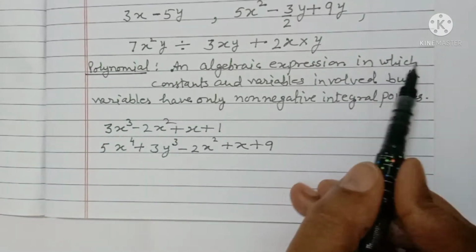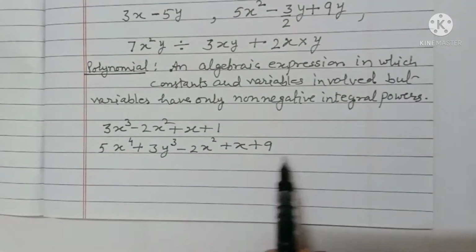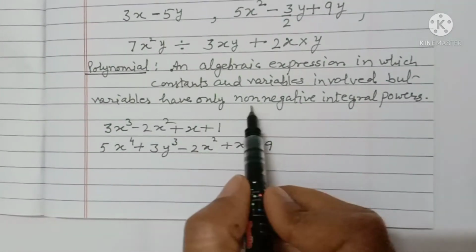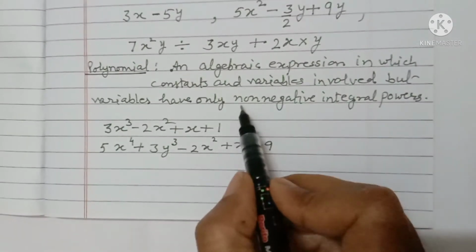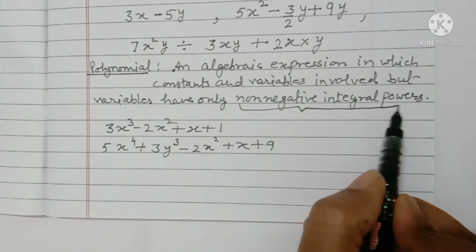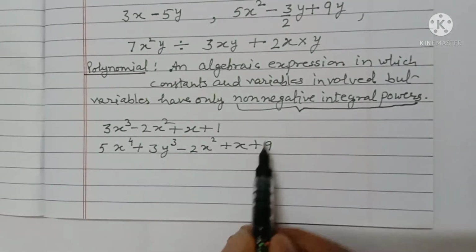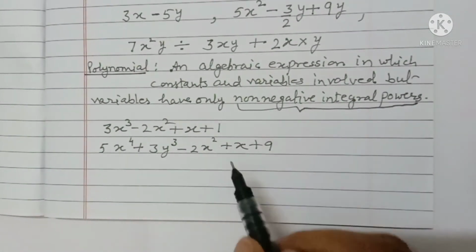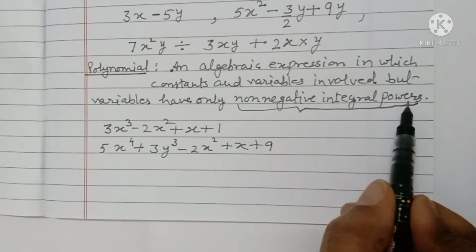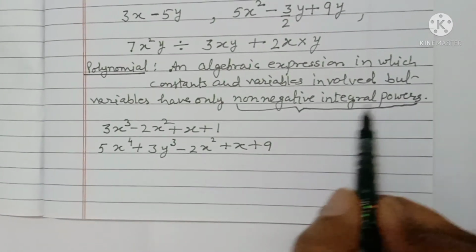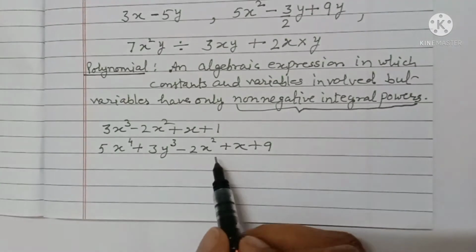So what is a polynomial? An algebraic expression in which constants and variables are involved, but variables have only non-negative integral powers. Non-negative integral powers means all the powers are positive, and integral powers means powers which are whole numbers.